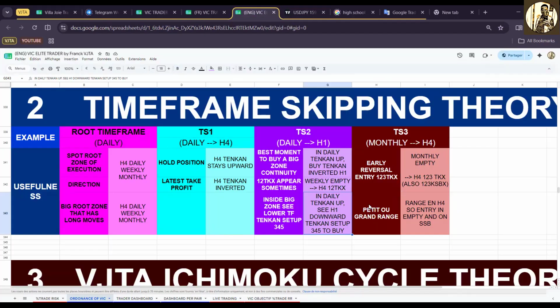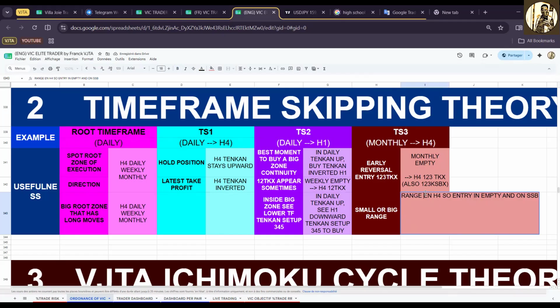So now you have a case of small or big range. How to trade small or big range? For a small or big range, you need to enter in the empty space or on SSB in H4.